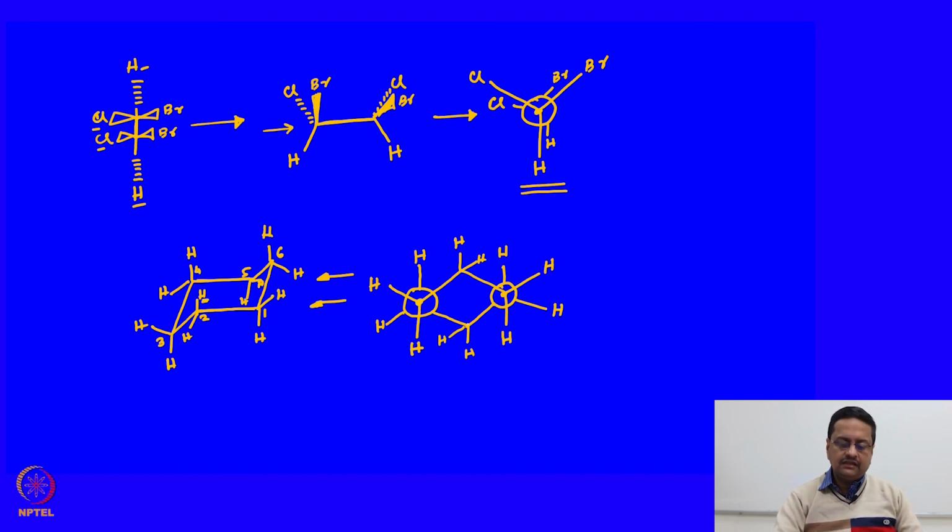So, I would like you to draw these conformations yourself and practice how to draw from the cyclohexane chair form, this line-dash conformation, to the corresponding Newman projection. So, we will start discussing SN1, SN2, E1, E2 etc. reactions in the following classes.